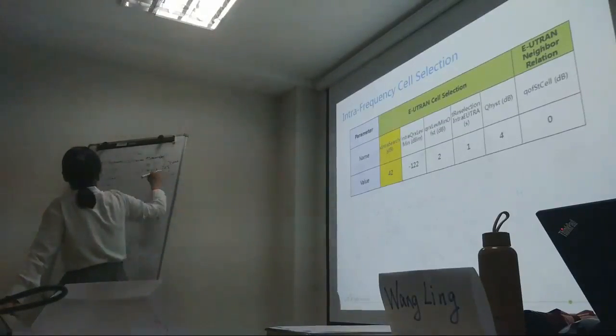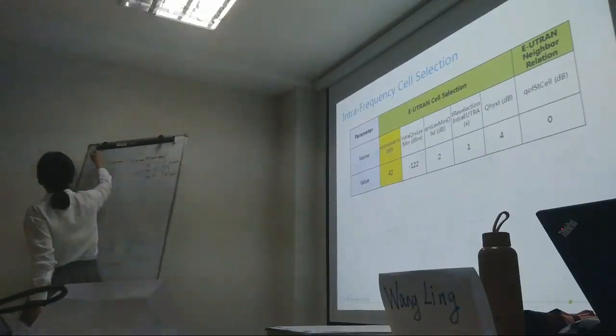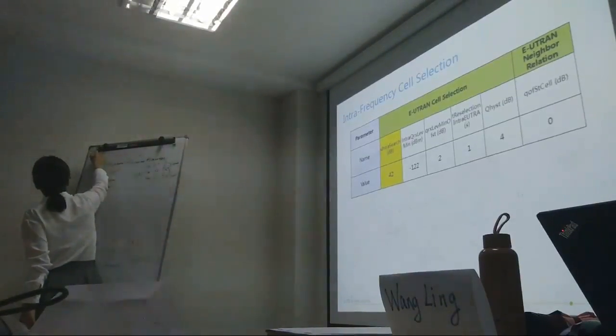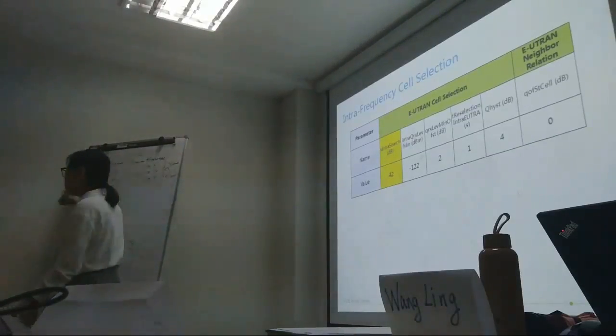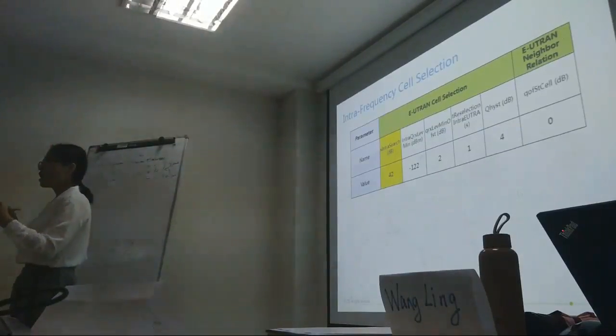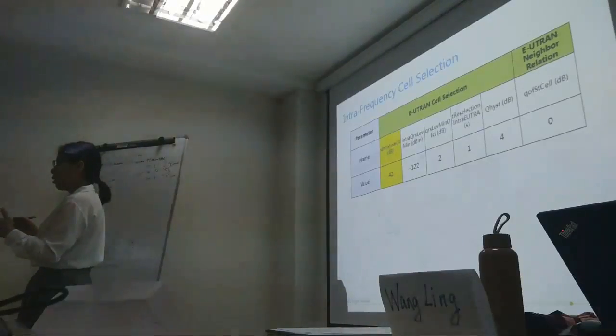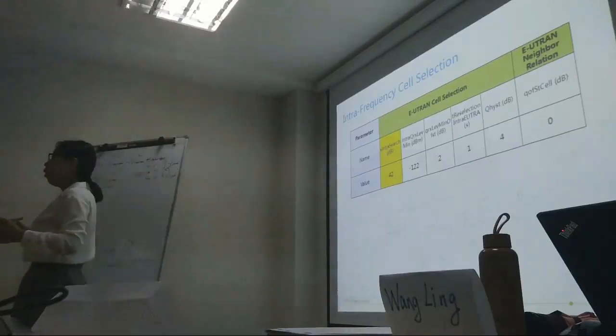First, all the cells should meet the S criteria. Except the S criteria, for same priority: if the two frequencies have the same priority, I can stay in F1 or I can stay in F2, so who is better?